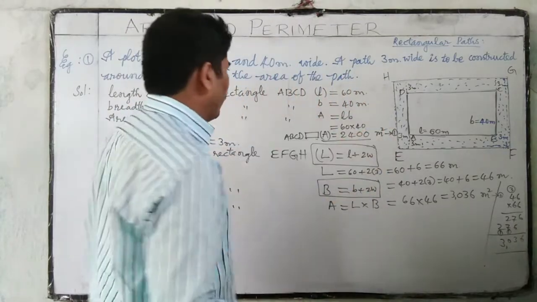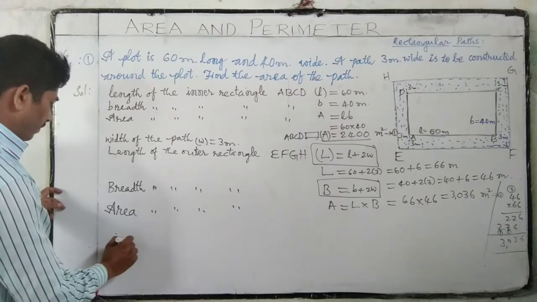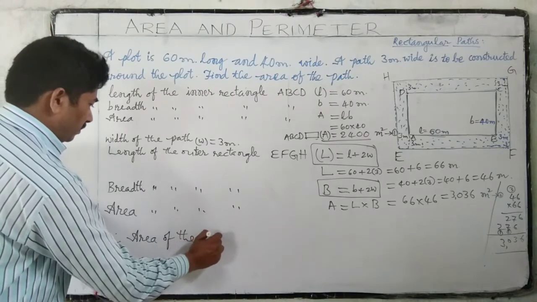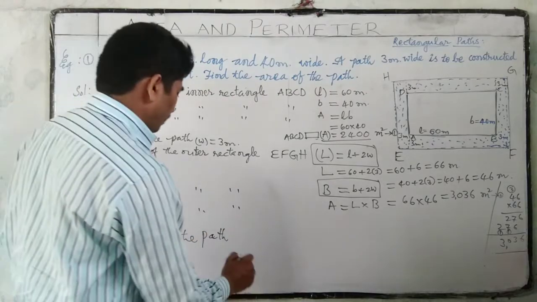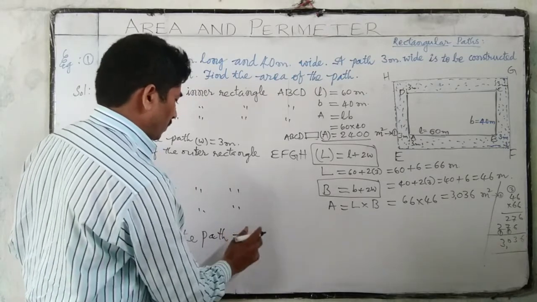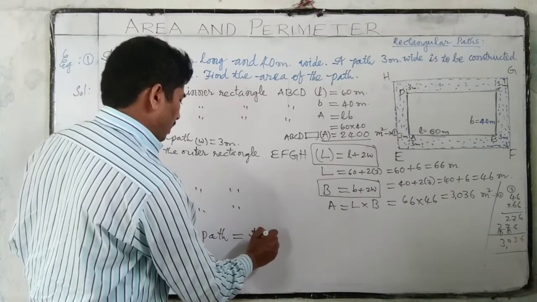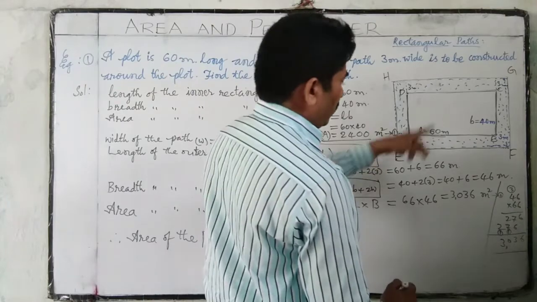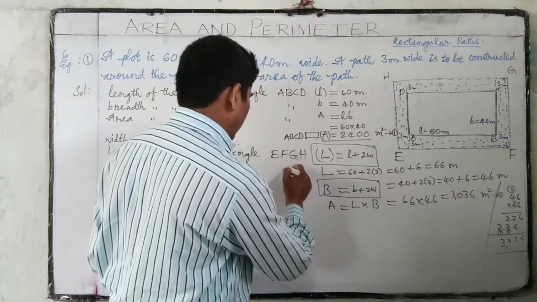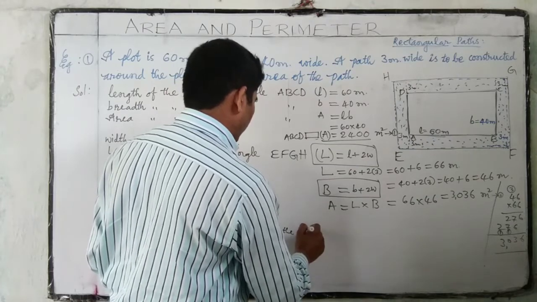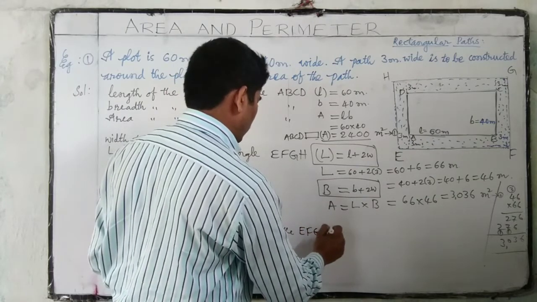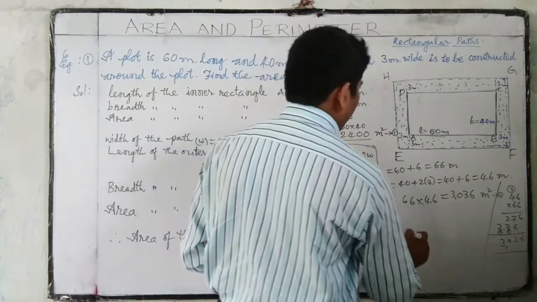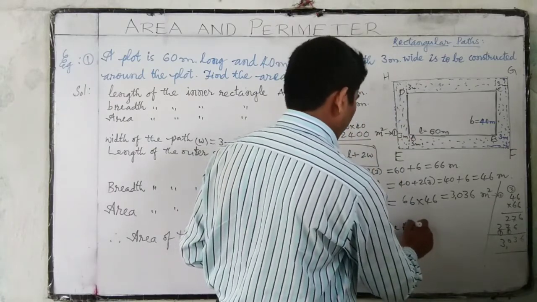Therefore, area of the path is equal to area of the outer rectangle EFGH minus area of the inner rectangle ABCD.